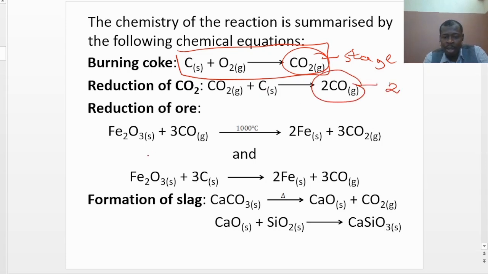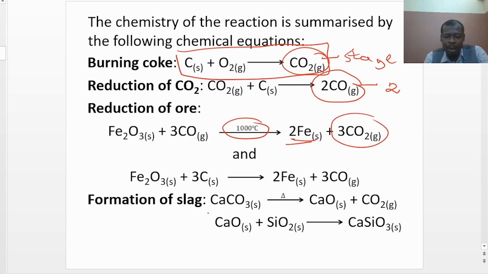The third stage is the reduction of the iron 3 oxide to form the iron. The iron 3 oxide is reacted with CO, that is carbon monoxide, at a temperature of about 1000 degrees Celsius, and then the iron is extracted while CO2 is formed. And finally is the formation of the slag.